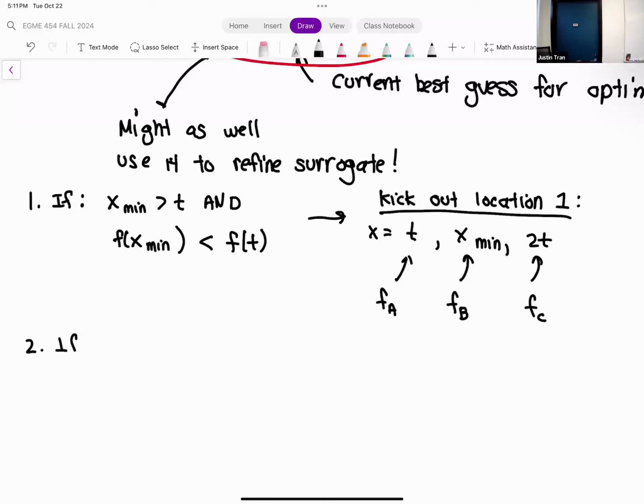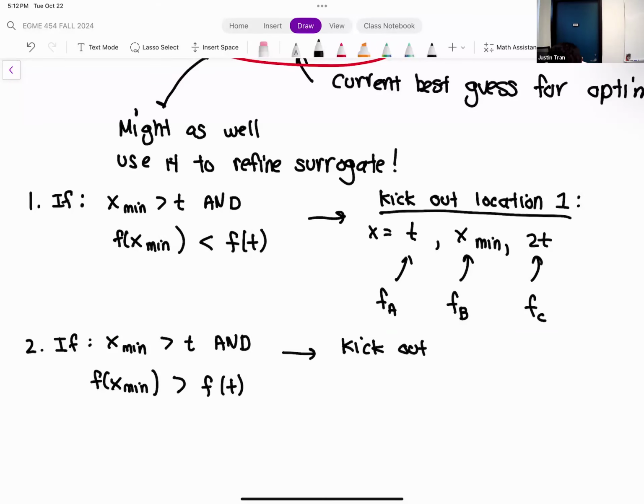Second case, if x min is greater than t and f of x min is greater than f of t. So the difference between case 1 and case 2 is the second condition. In this case, we're going to kick out location 3.